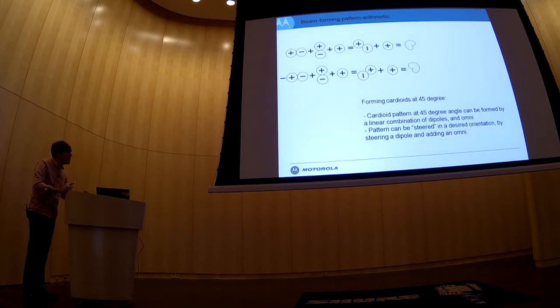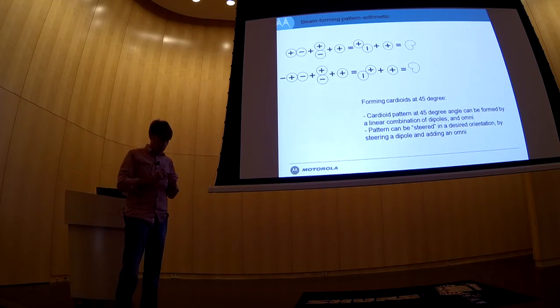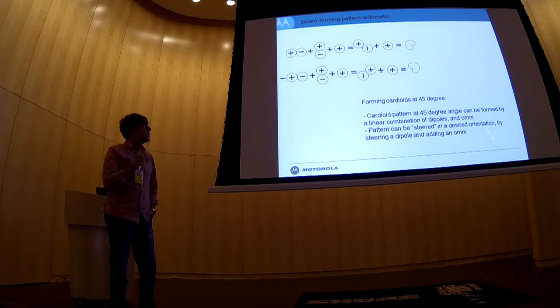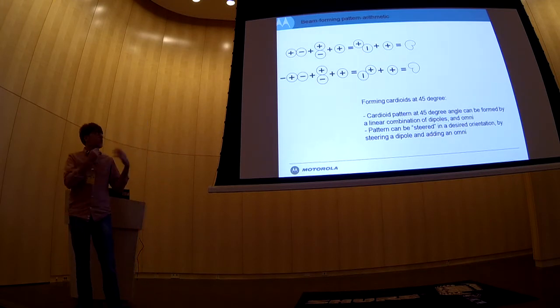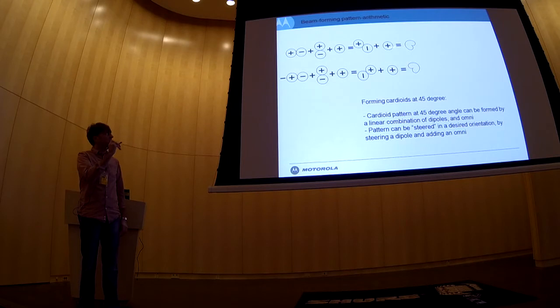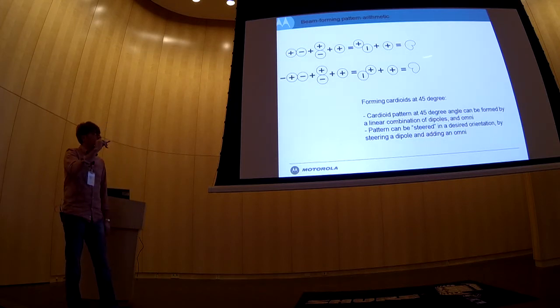Okay, next slide. I don't mean to bore you with all this, but basically what that tries to illustrate is that if we can do a dipole at any orientation, nothing is stopping us from producing a cardioid. That is, if we have signals from orthogonal microphone pairs, nothing is stopping us from producing a cardioid oriented in that direction.